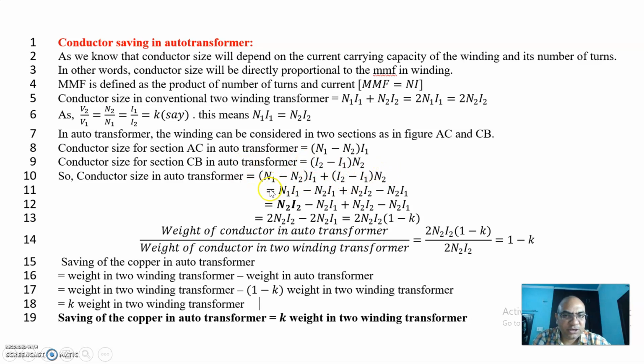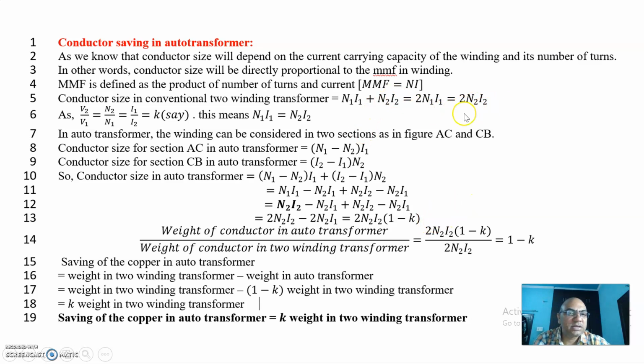Now you solve this expression. When you solve it, and use again the relation given here, you will get 2N2I2 (1 minus K). So this is the conductor size in the autotransformer.